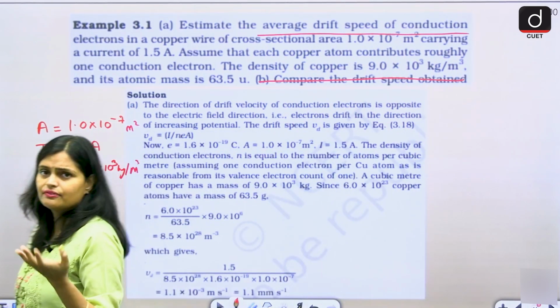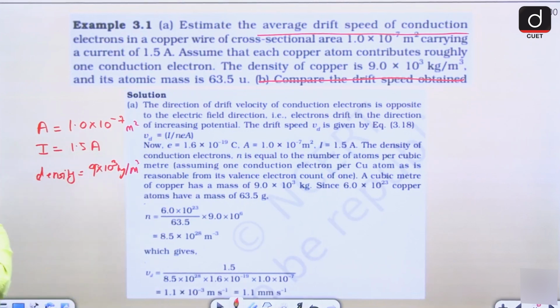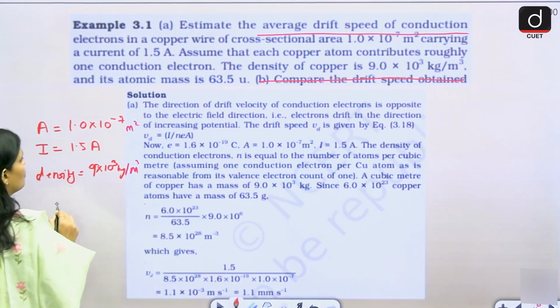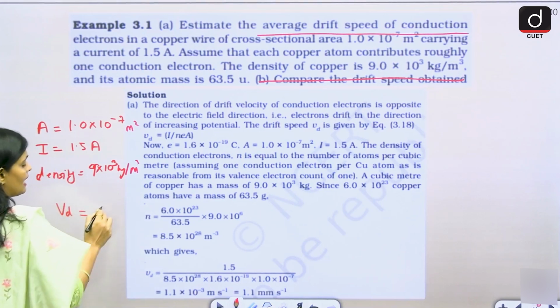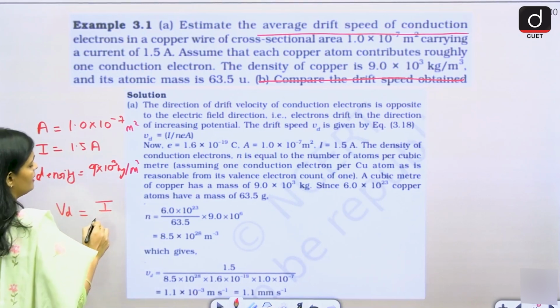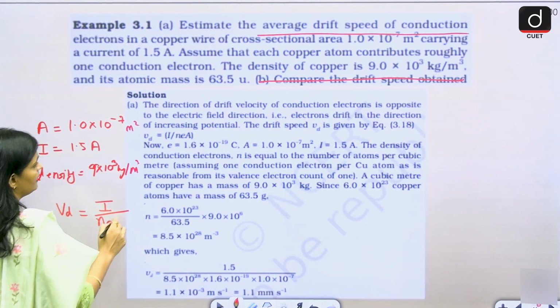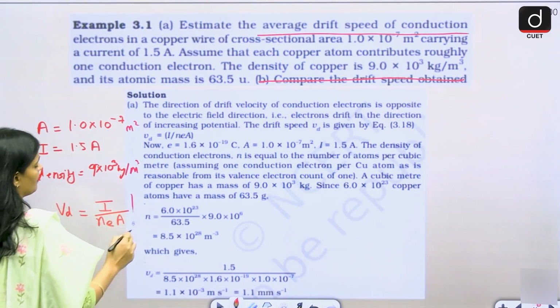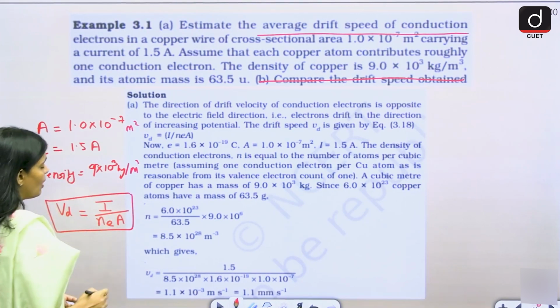That means you have to find the drift velocity. You know the formula for drift velocity. What is the formula? It is I by nea. How do we get this?